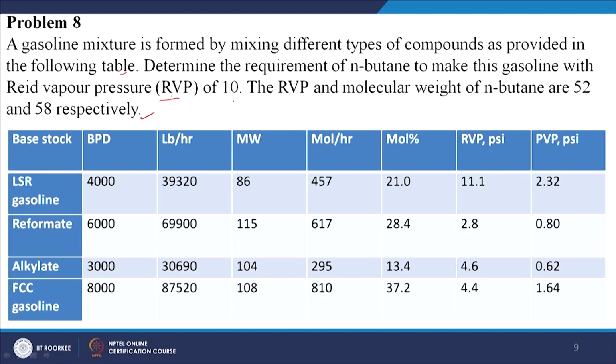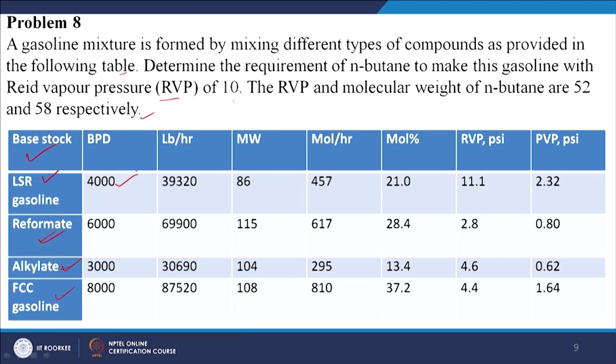So, this table shows us some data, that is our base stock, a gasoline blend, which has LSR gasoline and then reformate and then alkylate and FCC gasoline. So, straight run gasoline, and then reformate, alkylate and FCC. We are mixing these, in barrels per day.